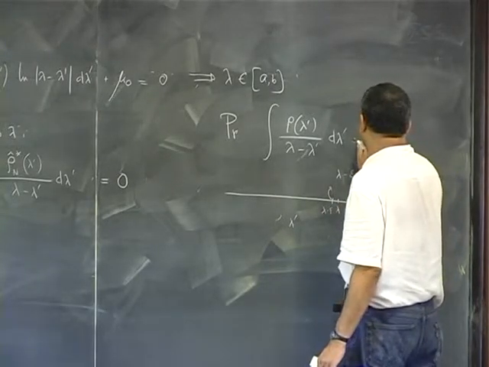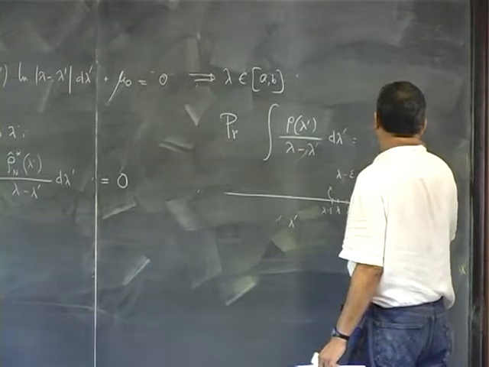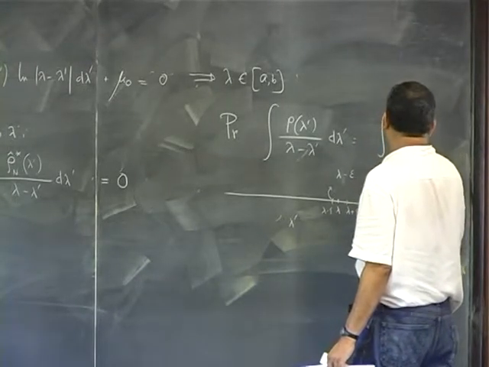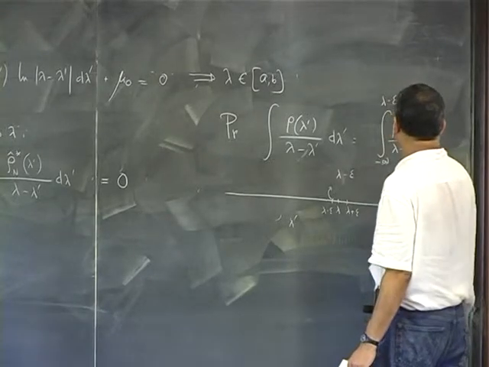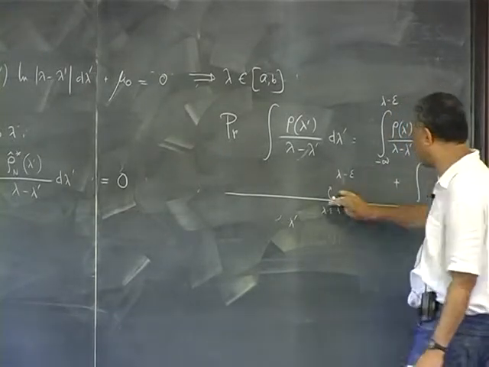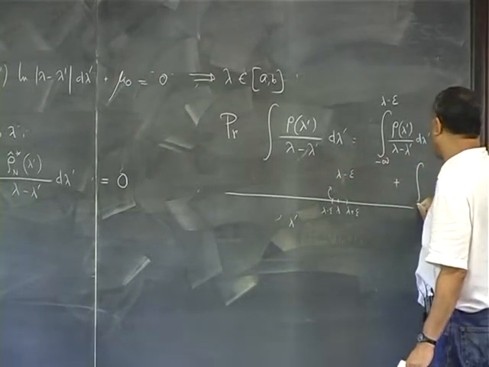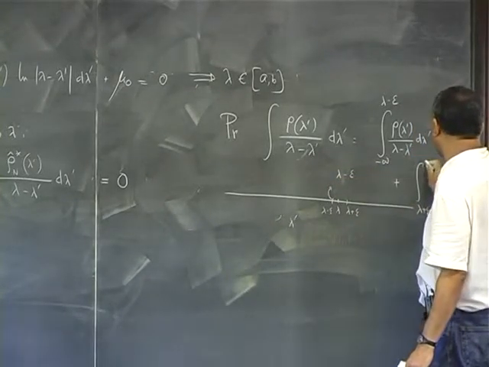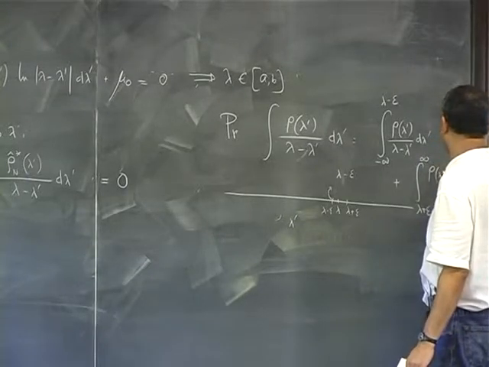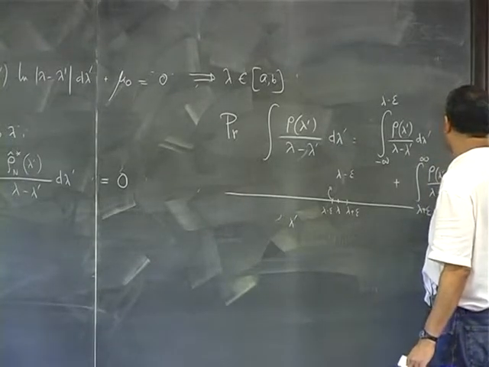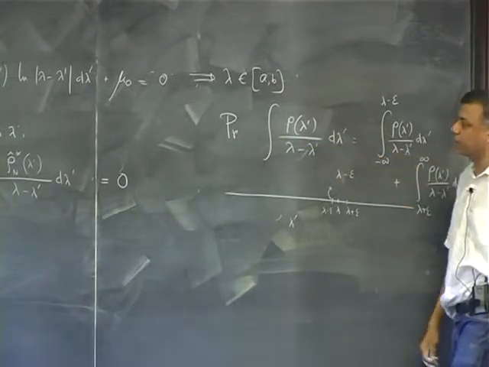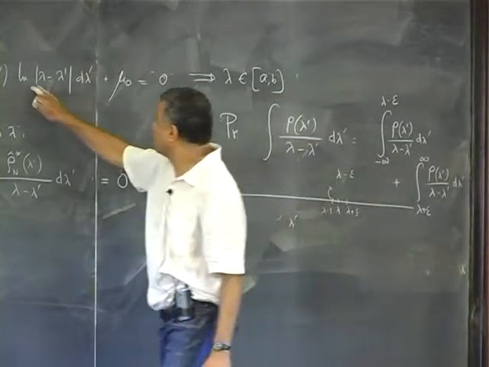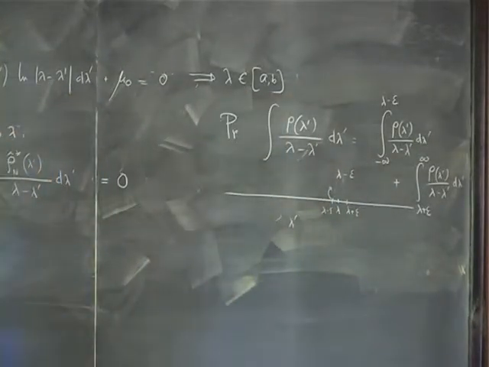You break the integral into two bits and just take out this part from around the divergence point. So this is the meaning of the principal value. Because of the logarithm of the modulus, there will always be a principal value, because of the divergence.